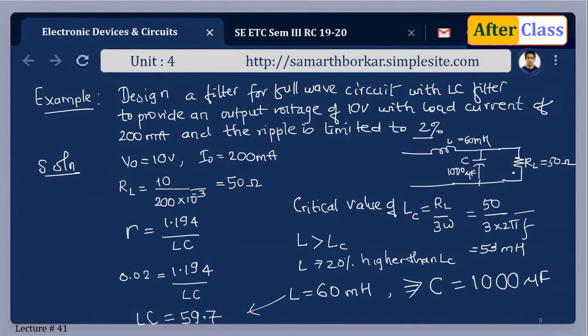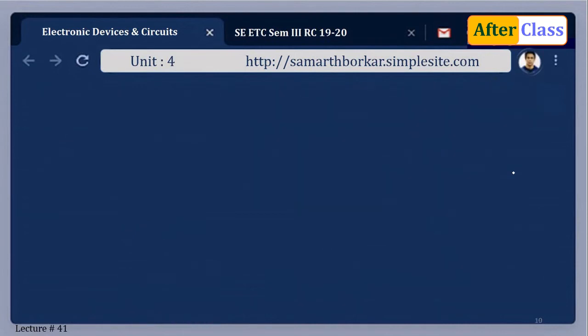Now let us try to understand what is a pi section filter. Now this is a topic which is based on multiple LC filters. Now there are two circuit configurations here.